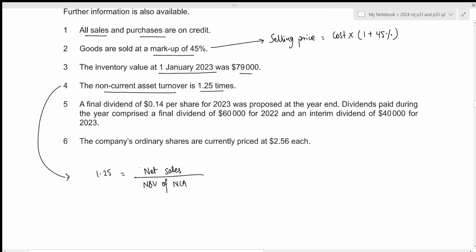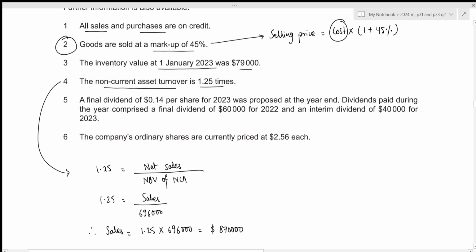So 1.25 will be equal to sales divided by 696,000. And this will give us the value of sales to be 1.25 times 696,000, which results in the value of 870,000.